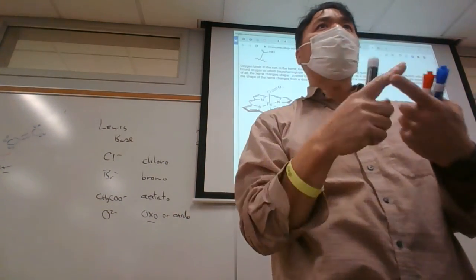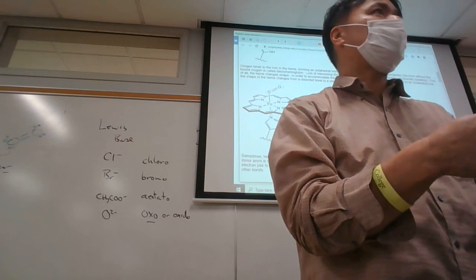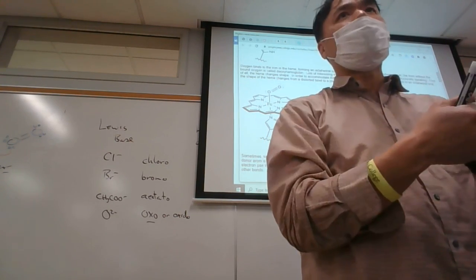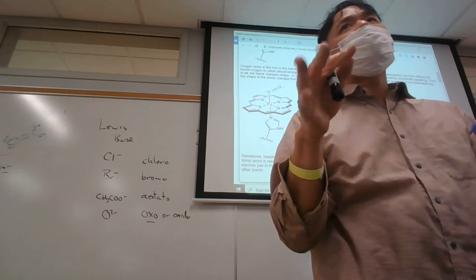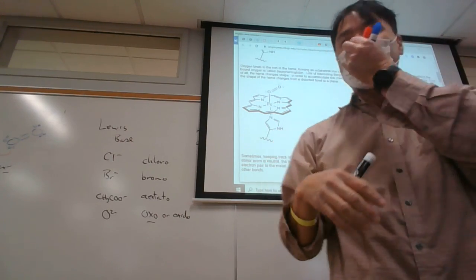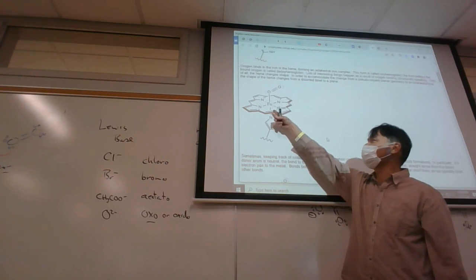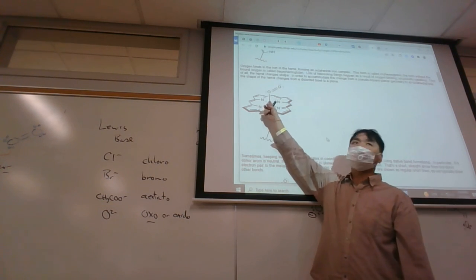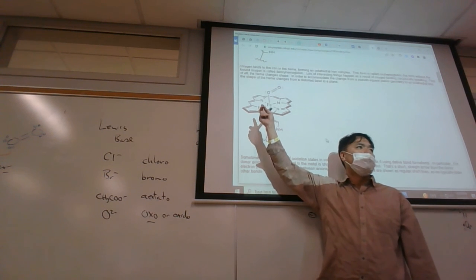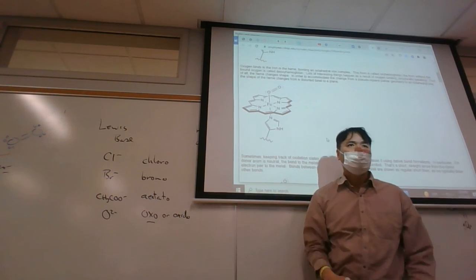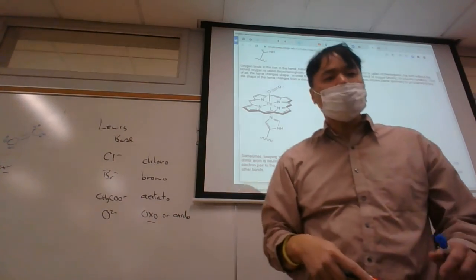Do you know one exceptionally good, powerful Lewis base? One of the most powerful Lewis bases out there is cyanide. Cyanide's not a very good Bronsted base, but it's an excellent Lewis base. So cyanide comes in here and forms a bond that's so strong it doesn't break off. If cyanide complexes with this, it's done for oxygen.